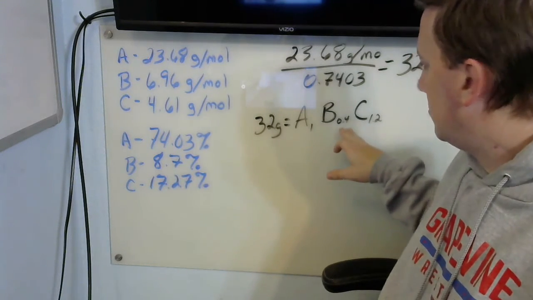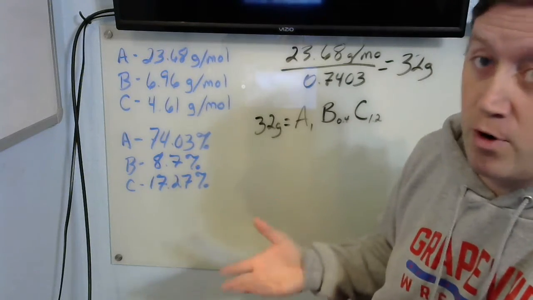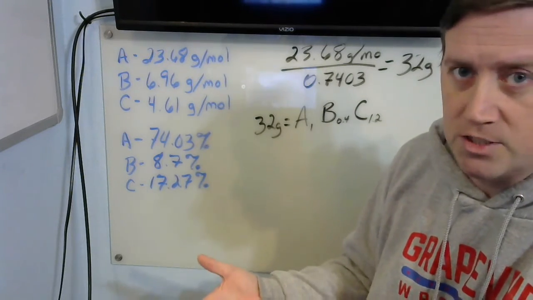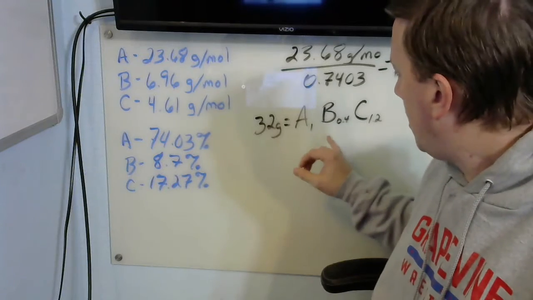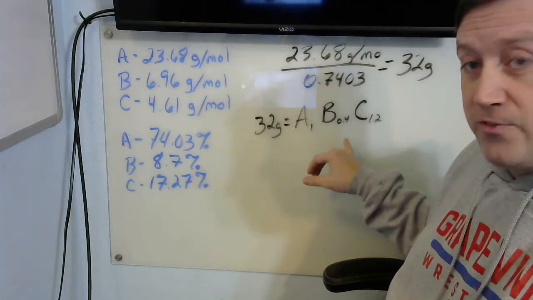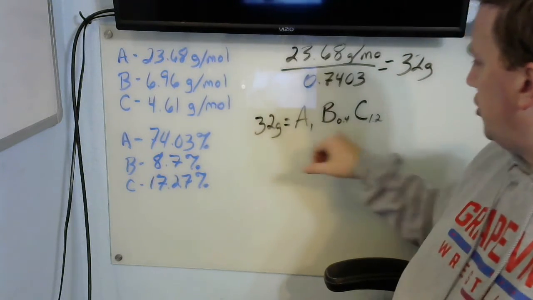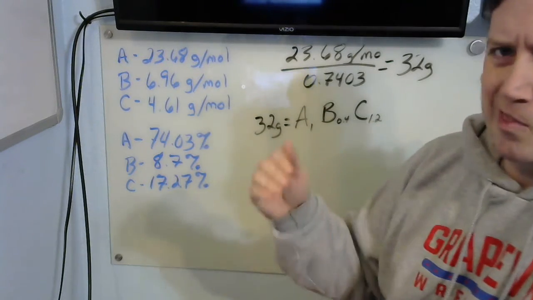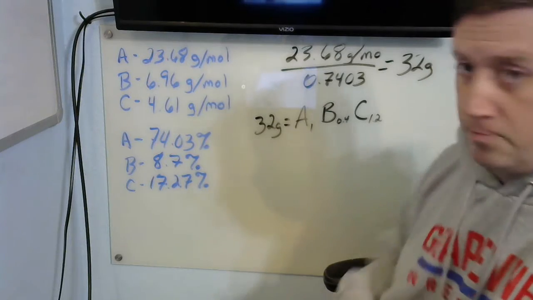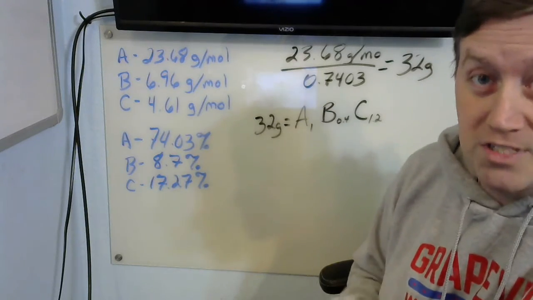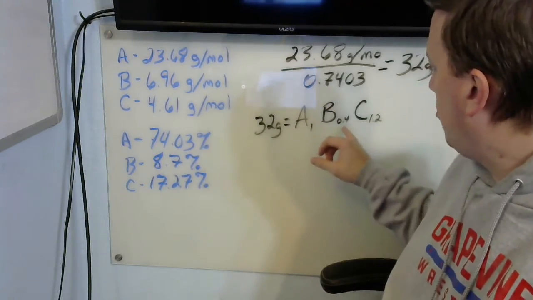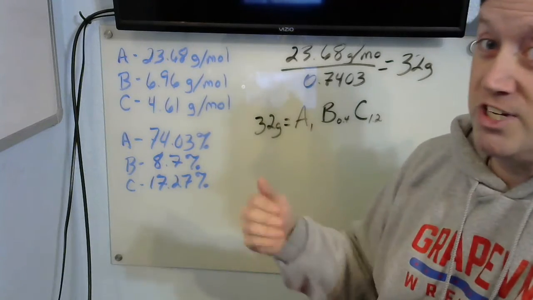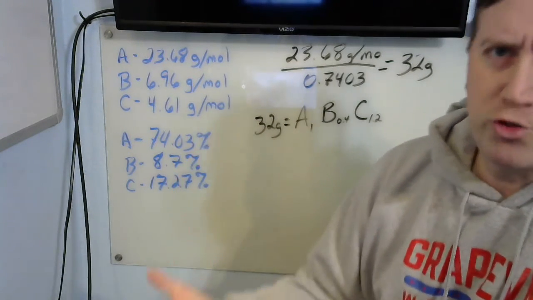Now, like I said before, we can't have 0.4, we can't have 1.2 atoms. So what we need to do is figure out how to get these to be whole numbers. What's the lowest whole number for both of them? All right. Here, this one's actually kind of easy because 0.4, in order to get a whole number, we multiply that by 5.